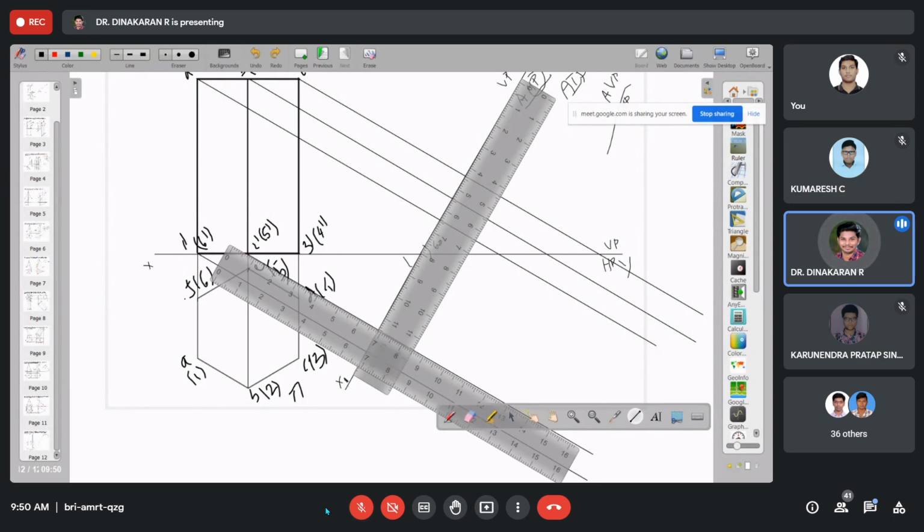It should be a thin line only, because this is a construction line. Okay.